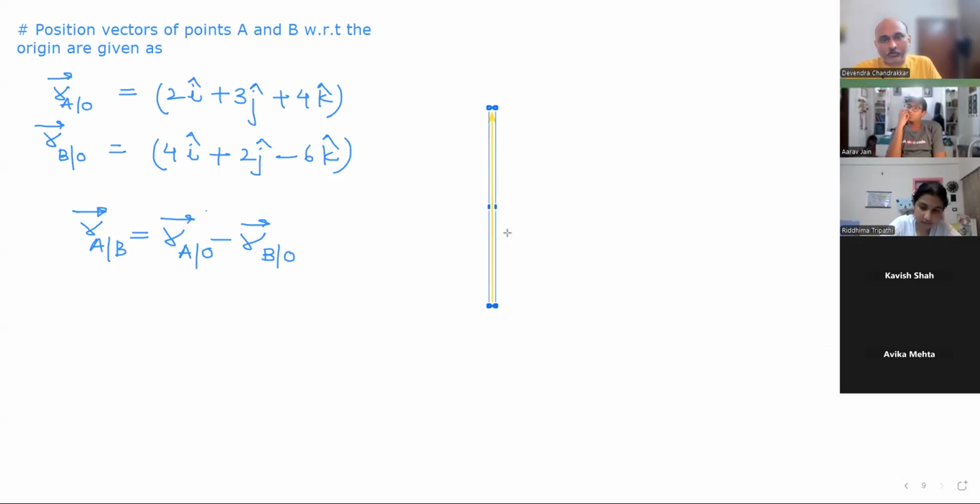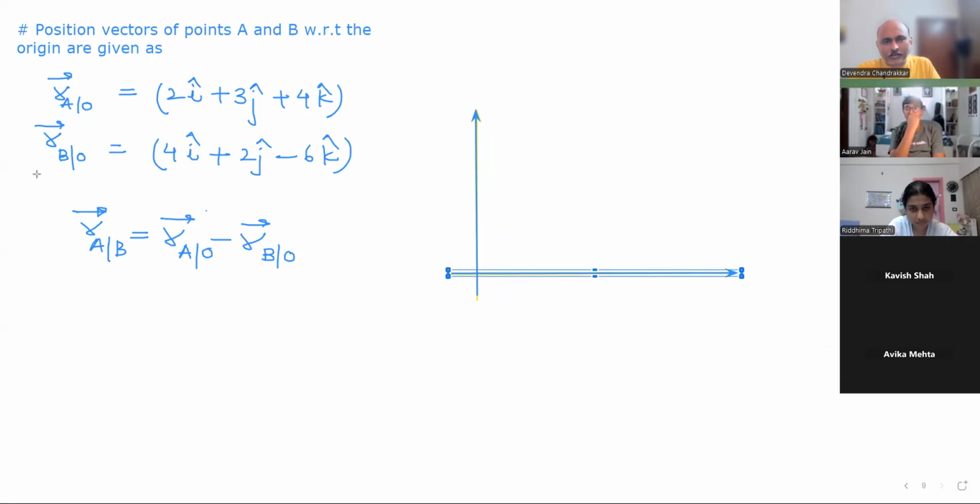Look here, everyone, all of you pay attention. I am doing it for a two dimensional thing, okay? So these are our two axes, y axis and x axis. I am taking it for two dimensions; we can extend it to three dimensions also. So this is point A, this is point B, and this is origin O, right?